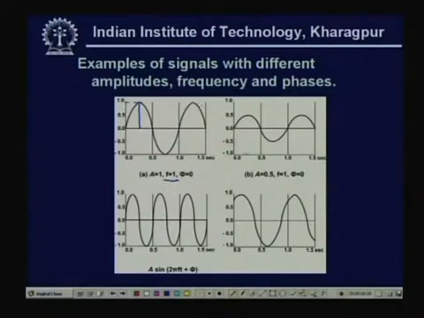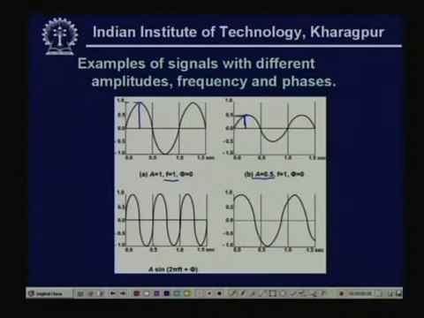Now here is another signal. Here amplitude, as you can see, the peak value is 0.5 with respect to this, we can compare. So A is equal to 0.5, frequency is the same, it is repeated after 1 second, and here also phase is 0.